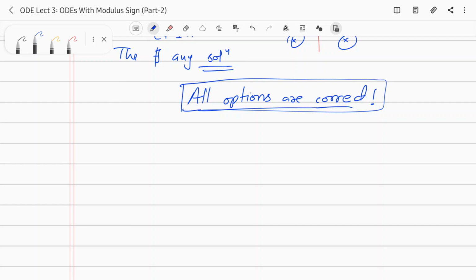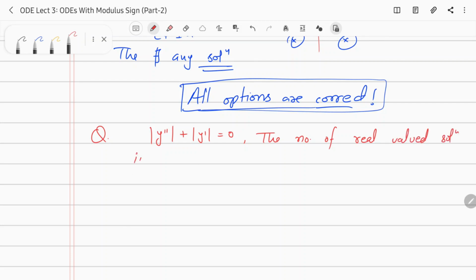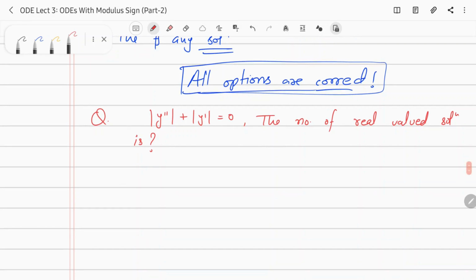So now let us come to another question which was asked in the IIT Roorkee PhD entrance test, and the question is that for a given differential equation mod y double dash plus mod y dash equal to 0, the number of real valued solutions is, okay, this was asked in the IIT Roorkee PhD entrance test.